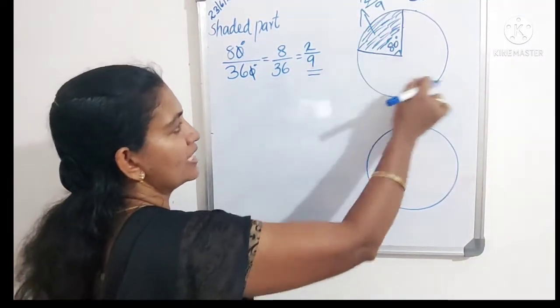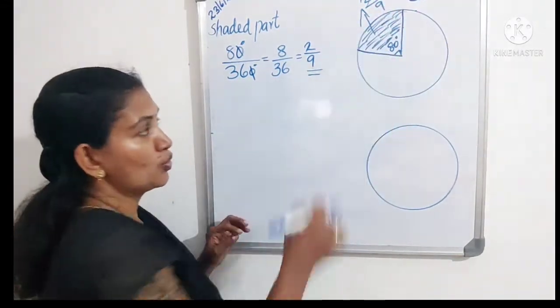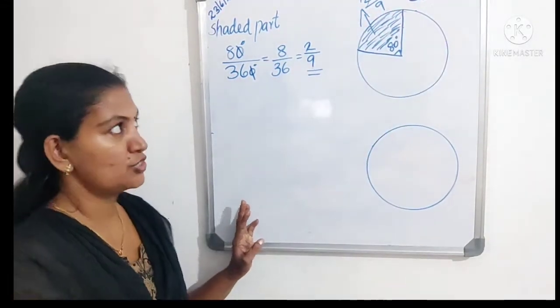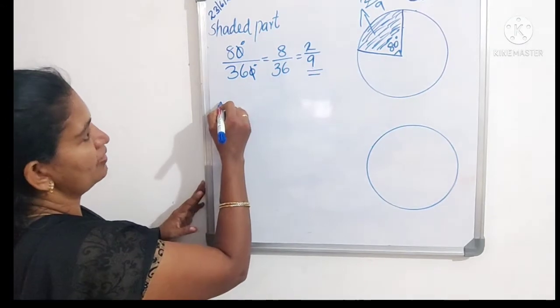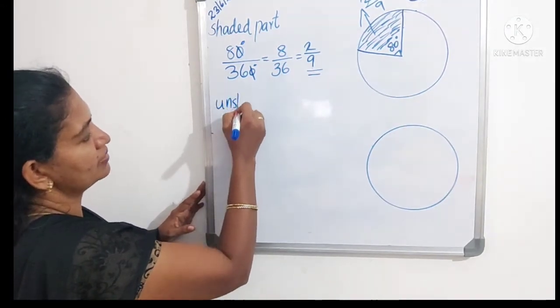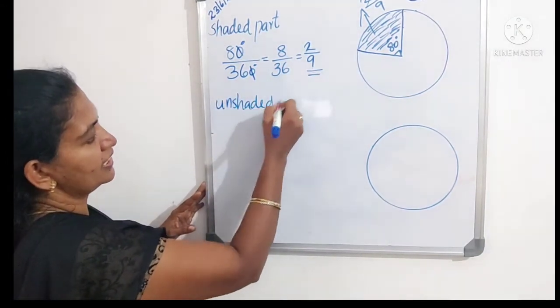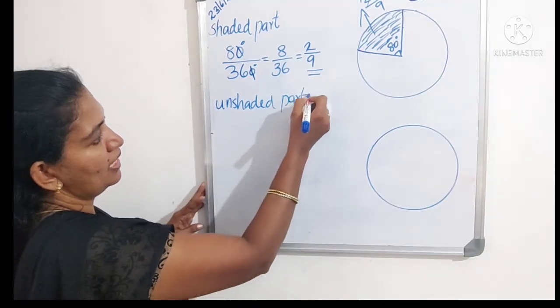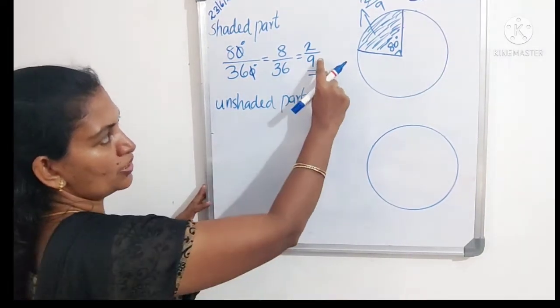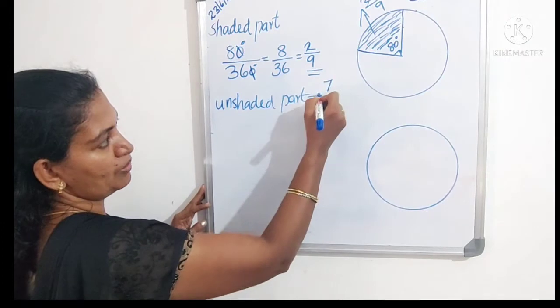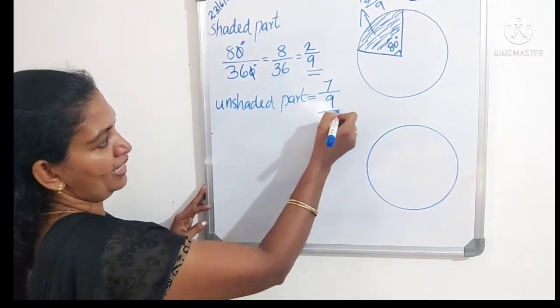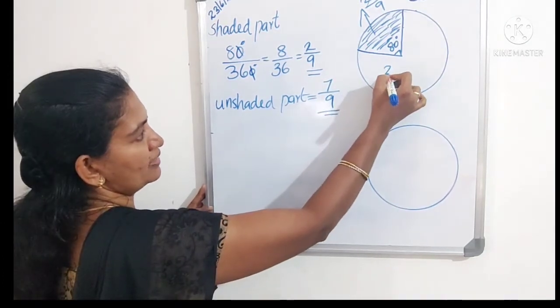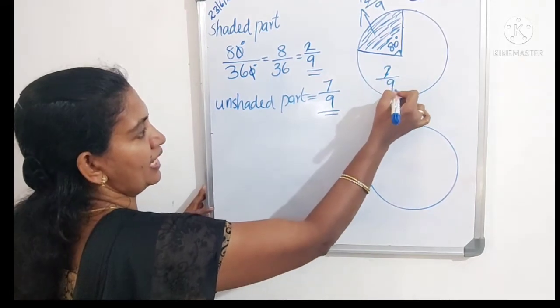So that means this circle is divided into 9 equal parts. Understood all of you? So what is the fraction of unshaded part? Unshaded part is equal to total 9. So 7 is remaining. 7 by 9. This part is 7 by 9.